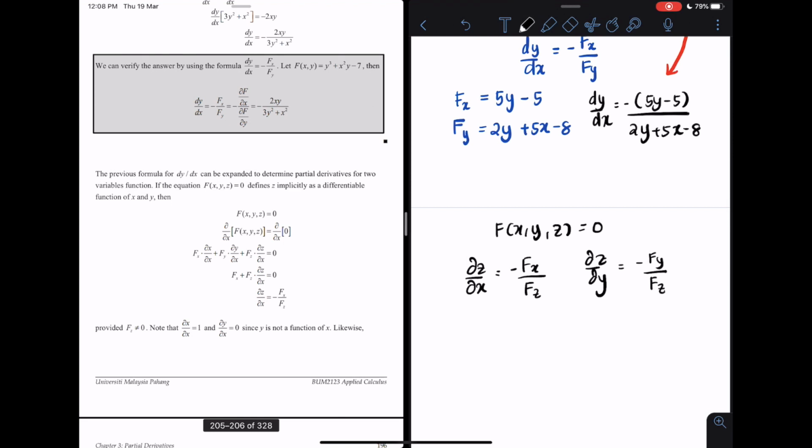So as I mentioned earlier, the formula will alternate with each other. You can use the formula explained on page 195 in case you forget, because when it comes to this topic, we normally don't give you the formula because the formula will vary according to the question given to you. So let's discuss this formula.